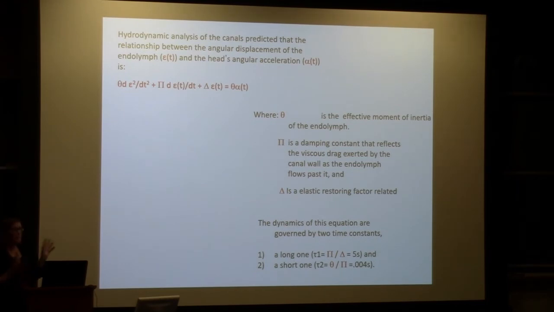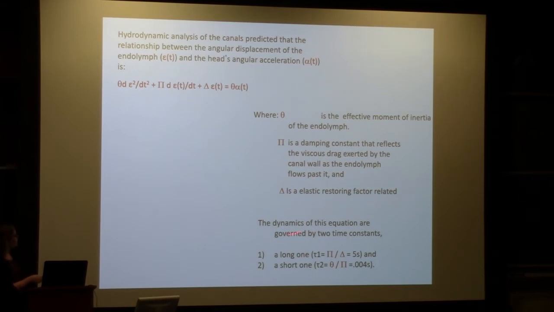People went through the same kind of analyses based on the fluid dynamics of how the endolymph would move through the canals and came up with this formulation, where you have a double derivative here, where this is the endolymph, and this term is the effective moment of inertia of the endolymph. Here we have the viscosity term. So this is an acceleration term, this is a velocity term, and this is the position term, which would be the elasticity related term.